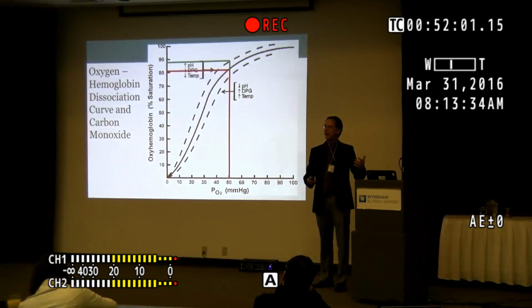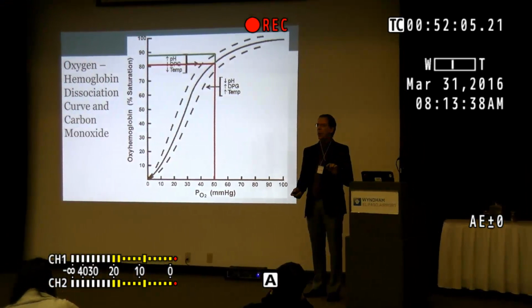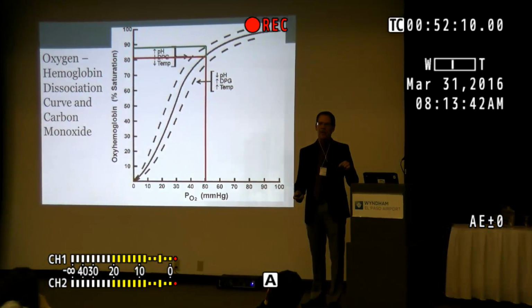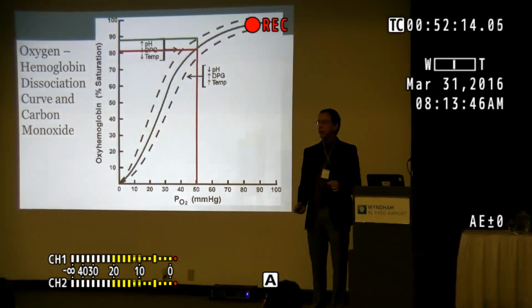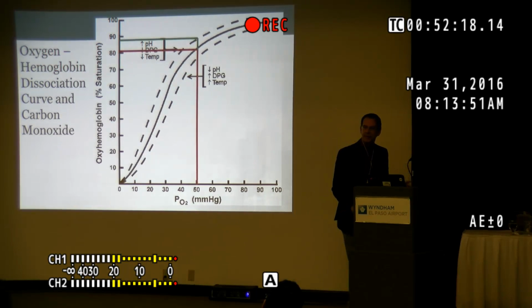No, it's not good, because what it means is it's holding on to that oxygen. The hemoglobin will not release the oxygen, so it's holding on to more of it, less oxygen is being released downstream, and now everything downstream gets hypoxic. So this is why the leftward shift is bad, because it basically means oxygen cannot come off the hemoglobin.